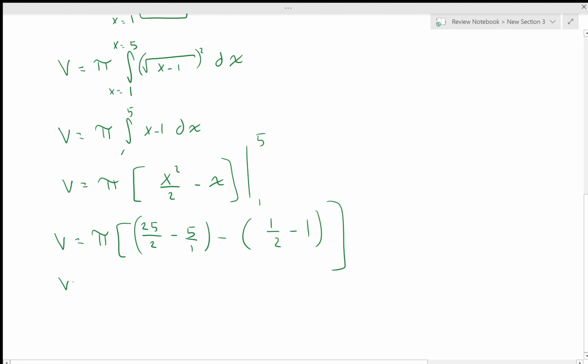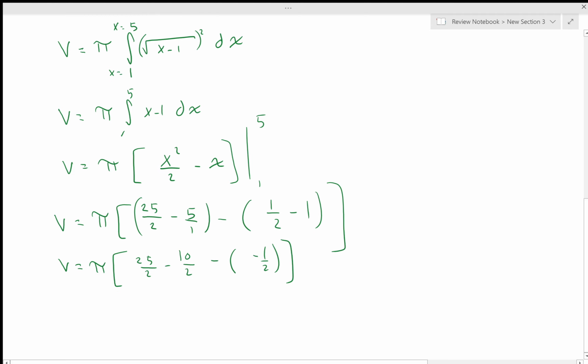So just for writing all the steps out, pi, then my quantity here would be 25 over 2 minus 10 over 2 minus the quantity of negative 1/2. Just to keep going here. Volume is pi. 25 minus 10 is 15 over 2. Minus a negative is plus 1/2. So that's going to be 16 over 2 pi, which is equal to 8 pi.